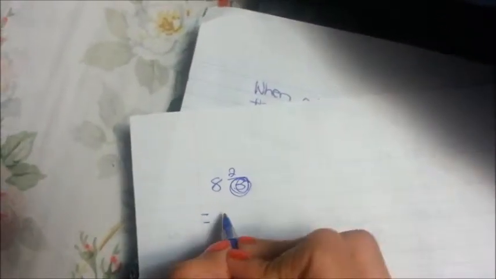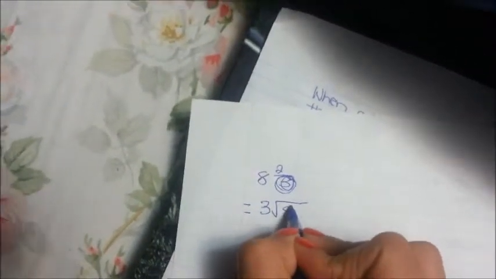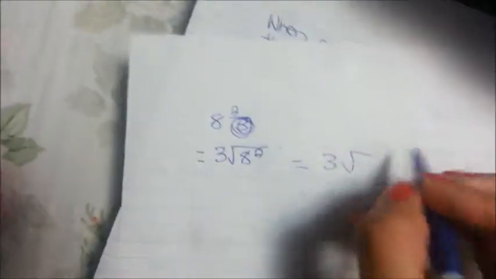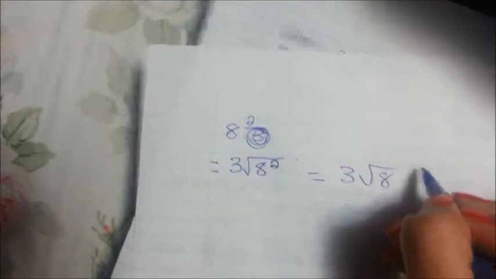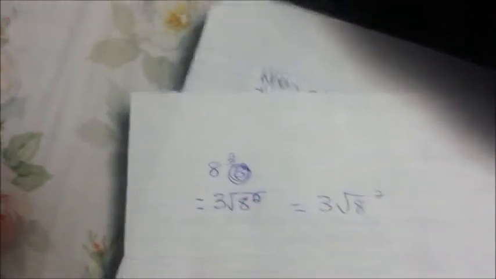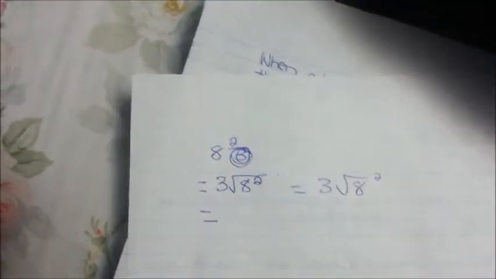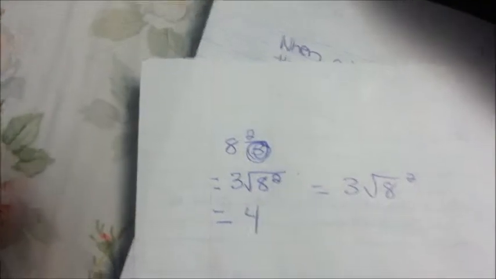The denominator would go at the front, the 8 would remain the same, and the 2 can either go beside the 8 as an exponent or outside of it. But it doesn't matter. Either way, you would get the same answer. When you evaluate that in the calculator, you get the answer as 4.